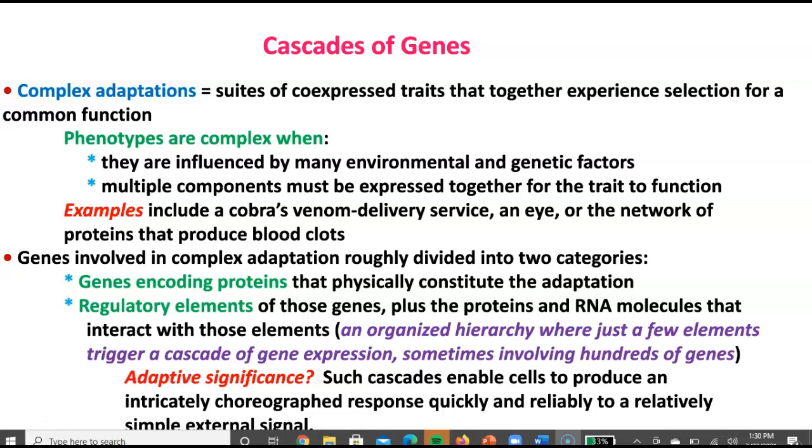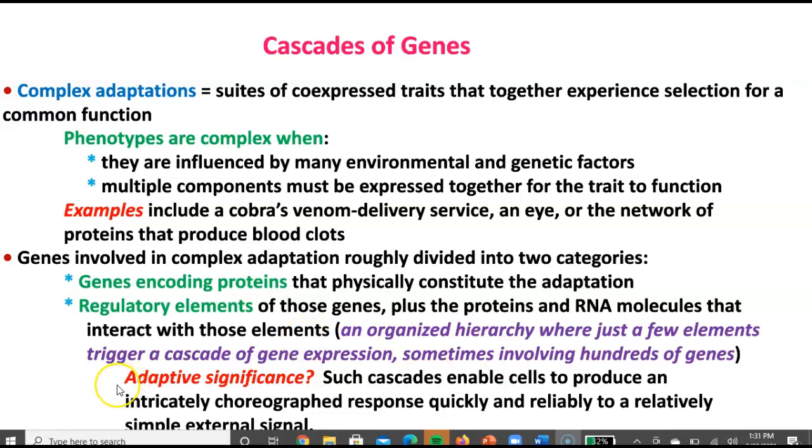These cascades of gene expression are intricately choreographed, expressed very quickly, very reliably to, for example, inject venom into prey or as a defense into a perceived predator.